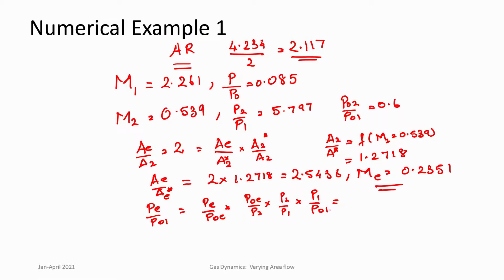For the Mach number 0.2351, PE by P naught E is 0.962, and P naught E by P2, the same as P02, for the value of 0.539, is 0.821, and P2 by P1 is known, 5.797, and P1 by P01 is known, 0.085.